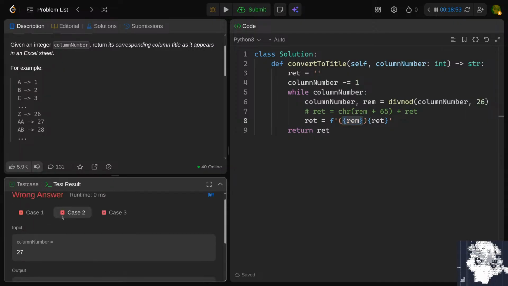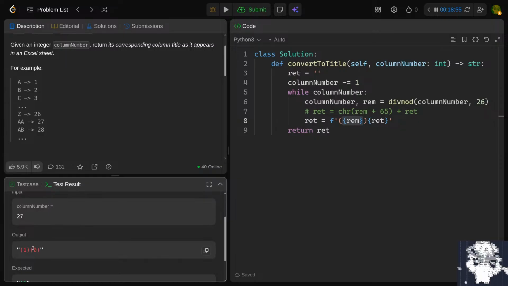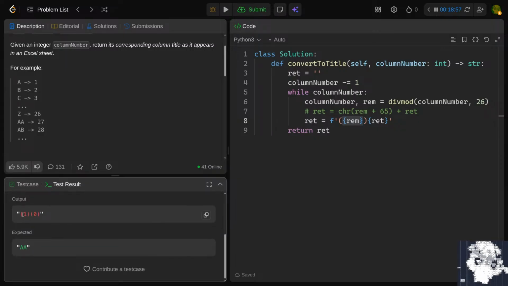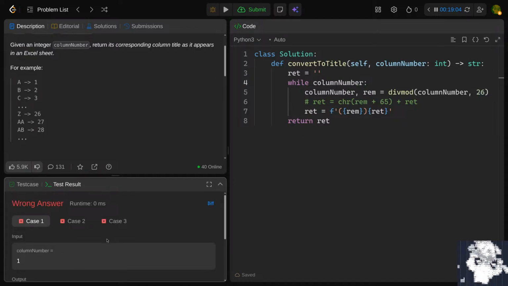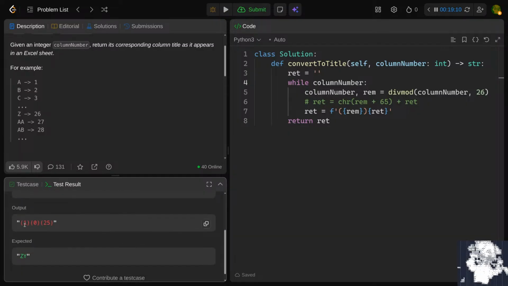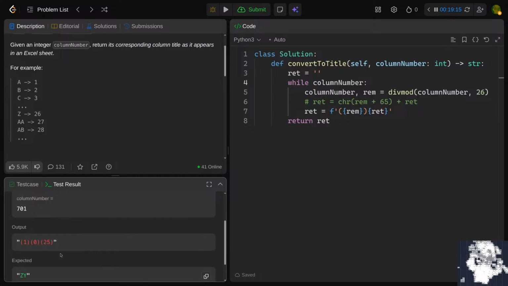So 1 and then 0. This is wrong because they should be the same thing. But I did do the subtraction here, so let's do that without messing with it. 1, 1, 1. 1, 0, 25. This is wrong.